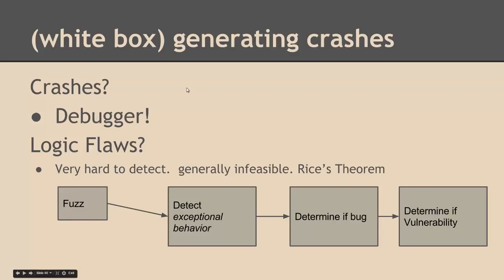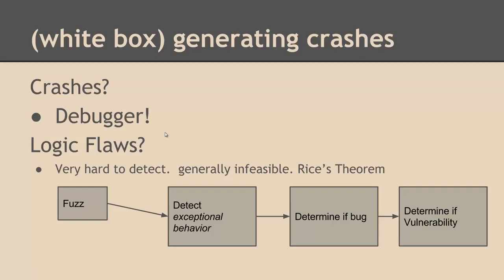So crashes are the easiest thing to detect in a fuzz test. Usually you can do this with a debugger on any platform that comes with the operating system or the hardware itself. However, in software, detecting subtle or nuanced behavior like logic flaws or side effects is very, very hard.